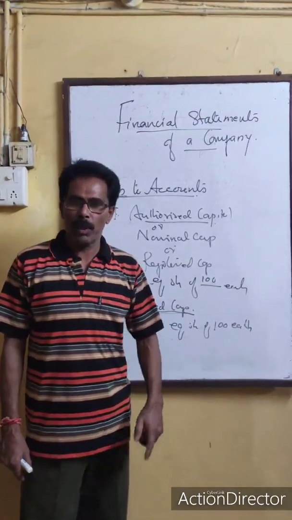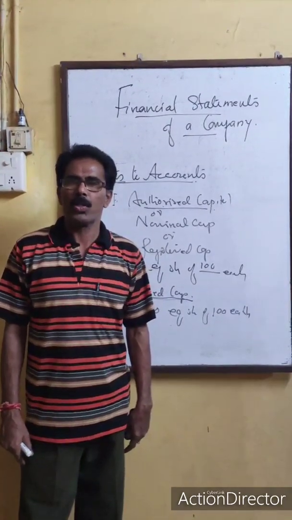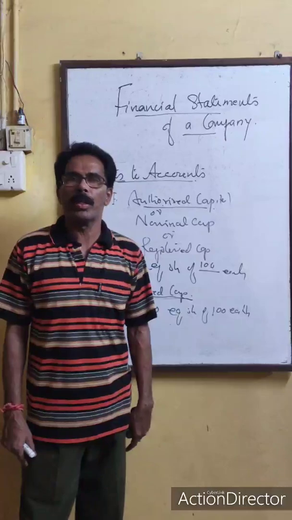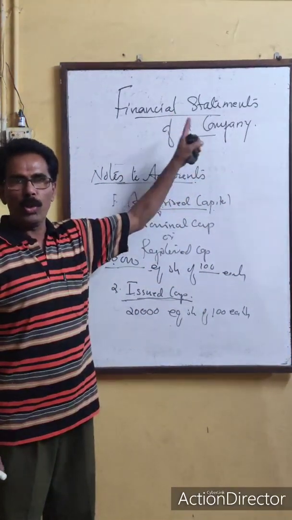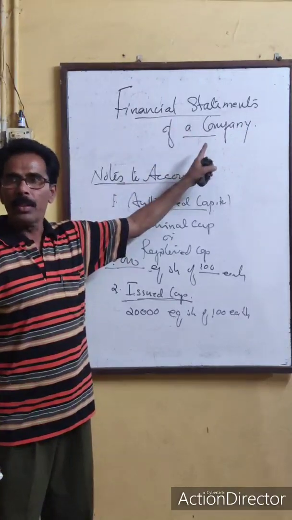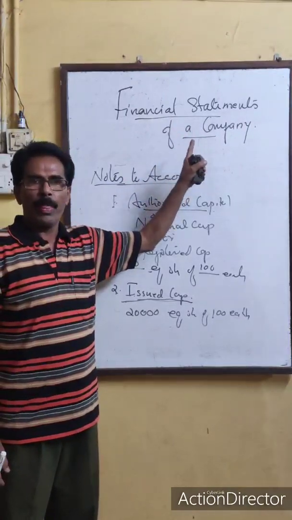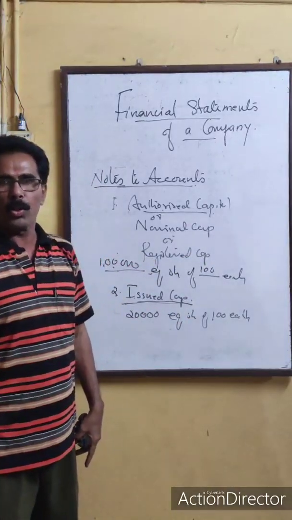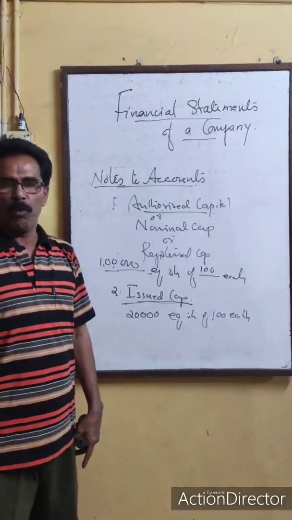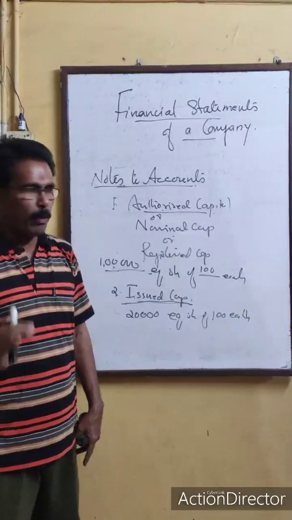We are starting from the previous video. As I have told you about the financial statement of the company, it is prepared as per the Companies Act of 2013, in a particular format.